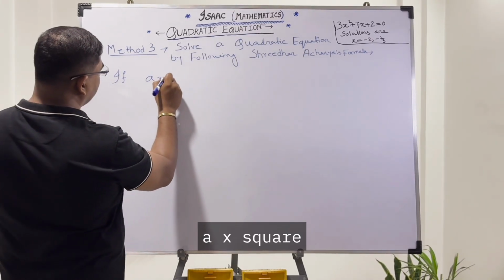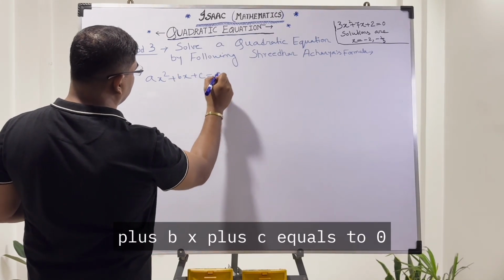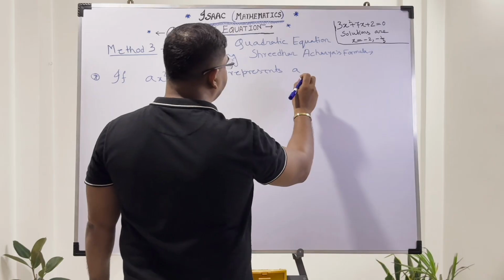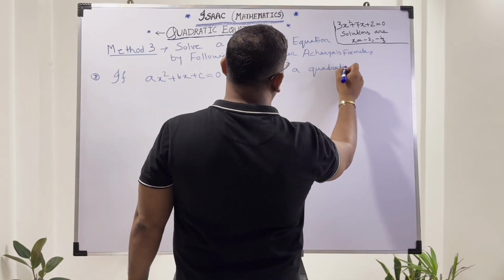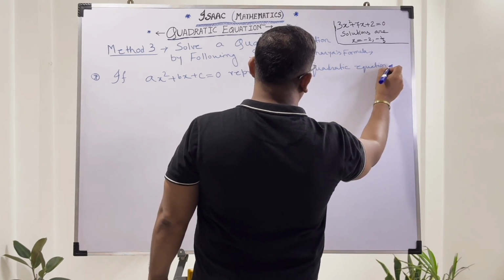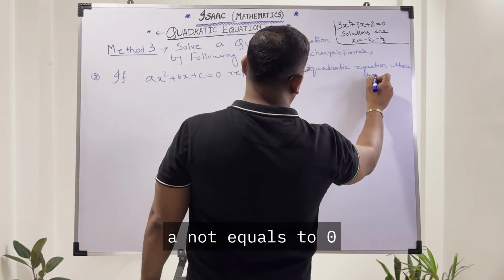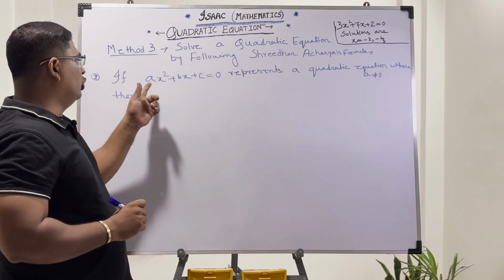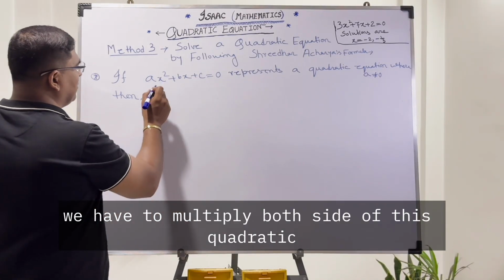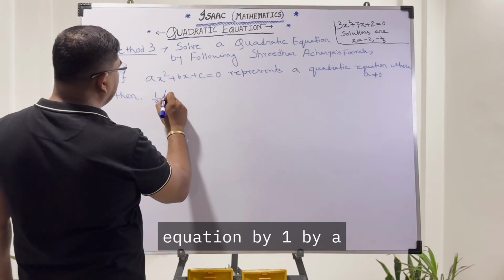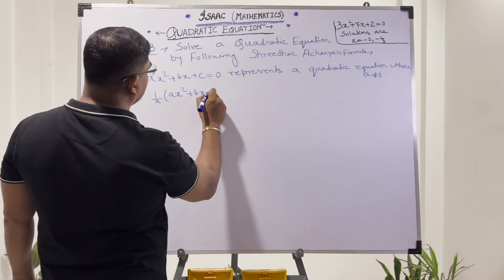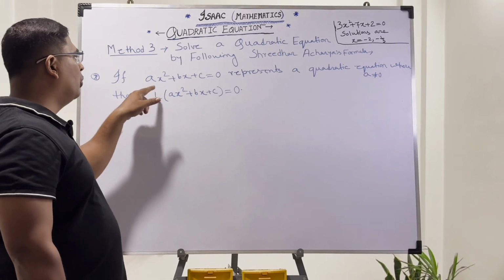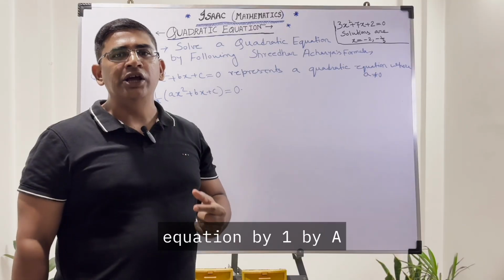If ax squared plus bx plus c equals 0 represents a quadratic equation where a is not equal to 0, then to remove this a from the square term, we have to multiply both sides of this quadratic equation by 1/a.